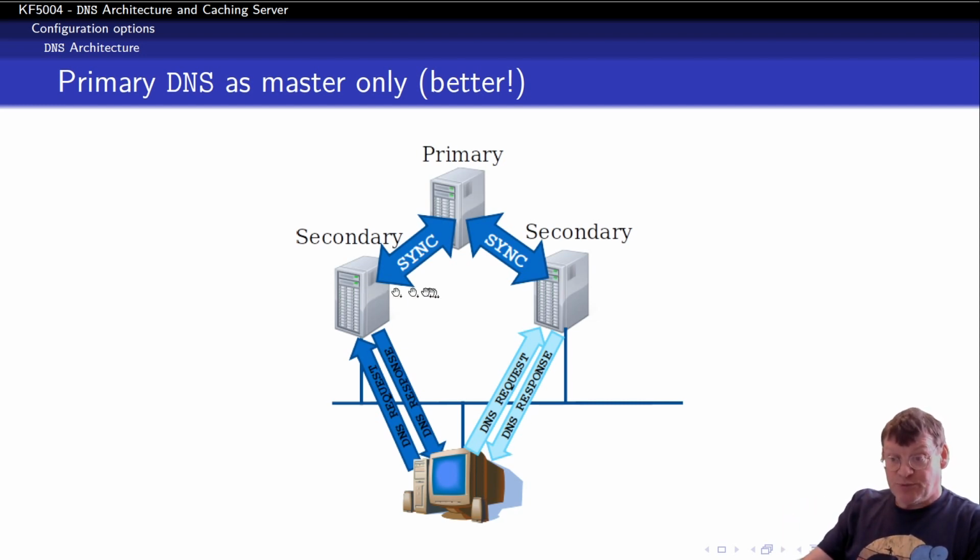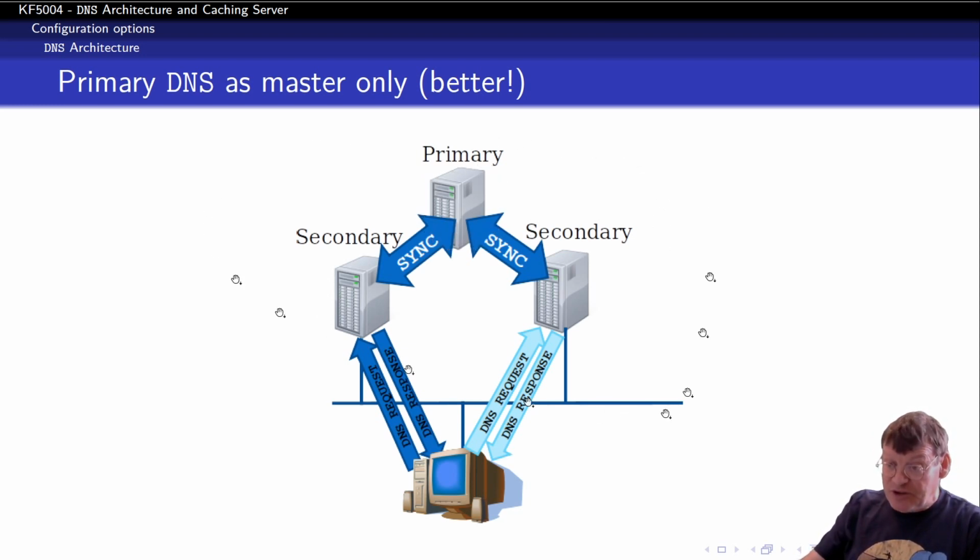If it can't get a response from that server, not that it gets a negative, but that it gets no response, a timeout on a transaction, it will then cascade to the second secondary. So this is now giving us the same kind of resilience and performance, except we're now in a position to move the primary server and protect it.